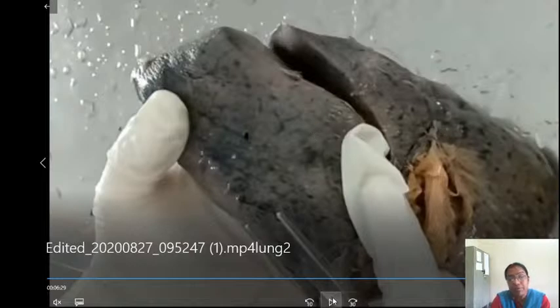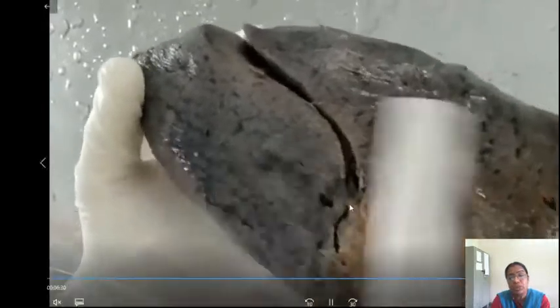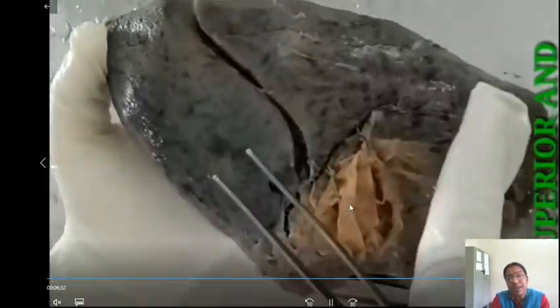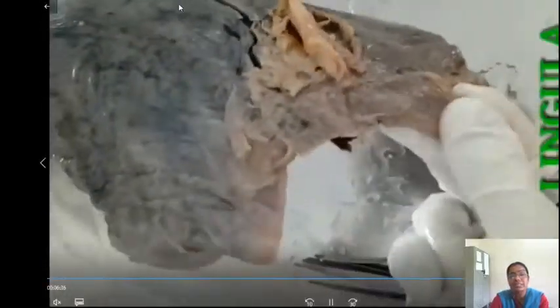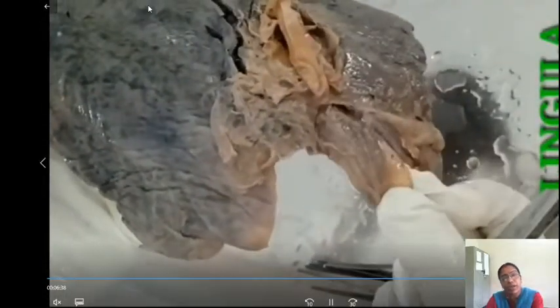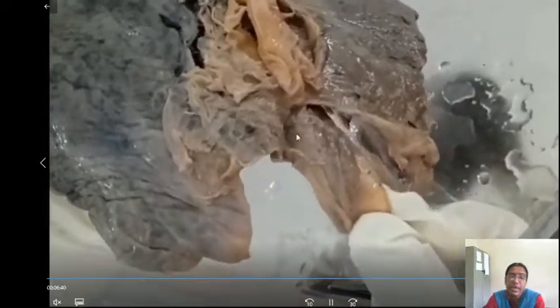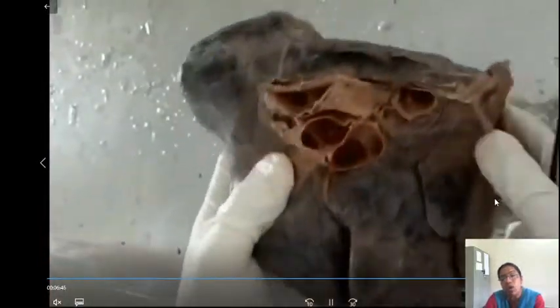The main important function of this oblique fissure is that when the lung expands, it normally expands downwards. The expansion is given by the oblique fissure. As we have discussed, in the anterior border of the left lung there is a tongue-like projection called the lingula.